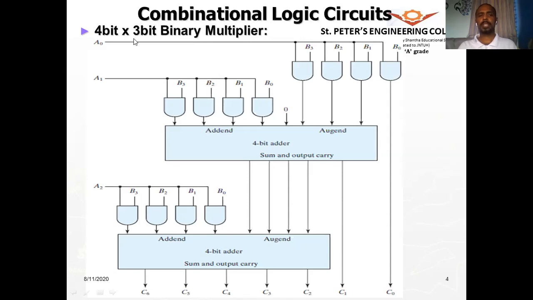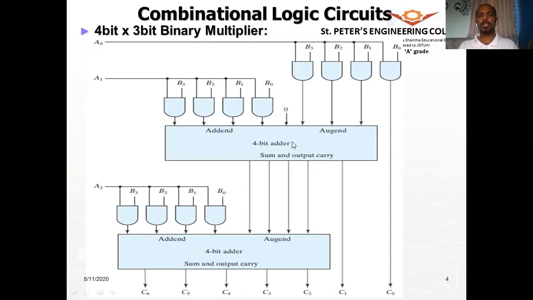So m plus n number of outputs, m into n number of AND gates, and if you're taking this as m, then m number of adders you will require. So this is the understanding. That means I'm using an adder itself to perform the multiplier operation.